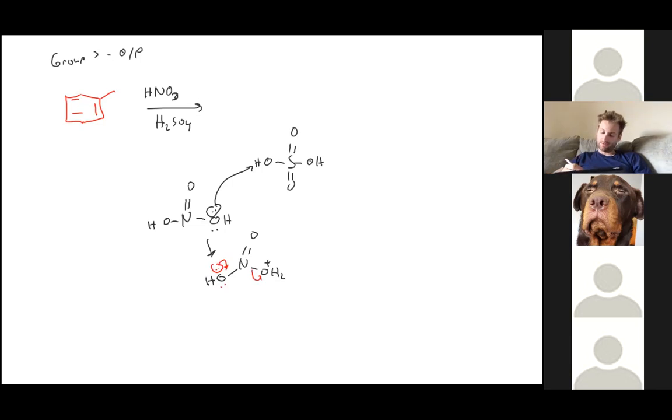You're going to kick out the water here. I'm going to have us just lose a proton from this step. And we are going to make this nitrogen electrophile here. So this electrophile can get attacked by our toluene up top.